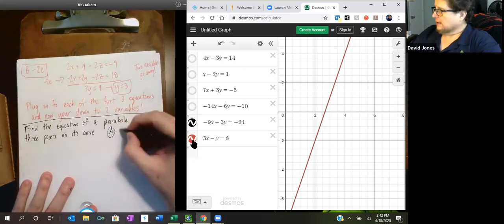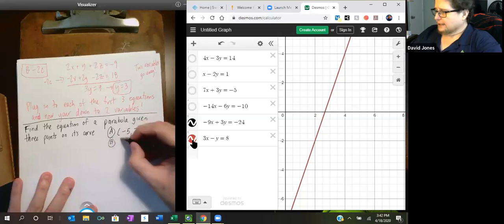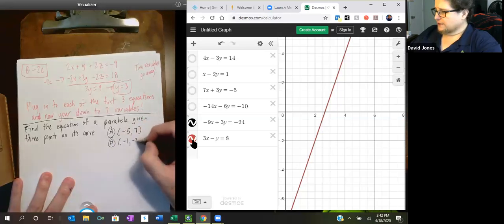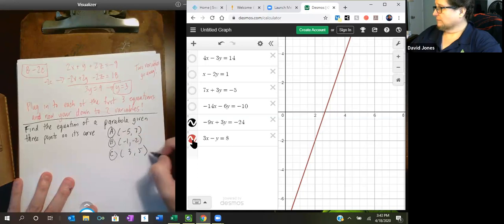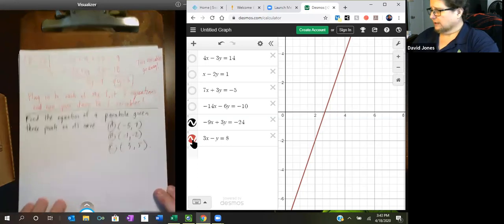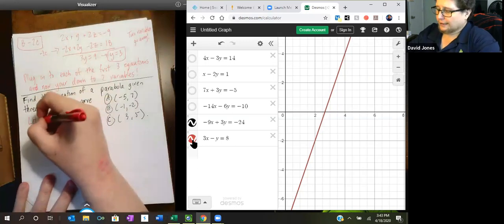A is going to be -5, 7. B is going to be -1, -2. C is going to be 3, 5. Let's just set it up and not solve it unless you want the practice.